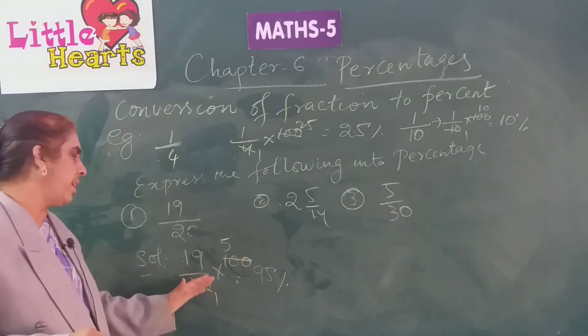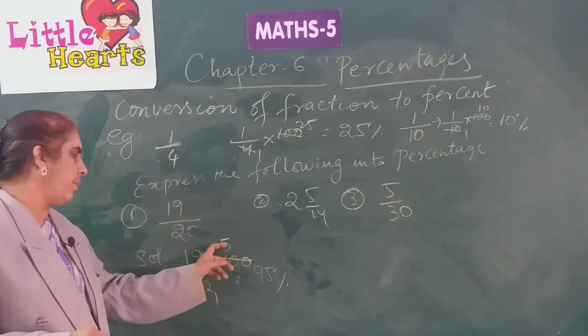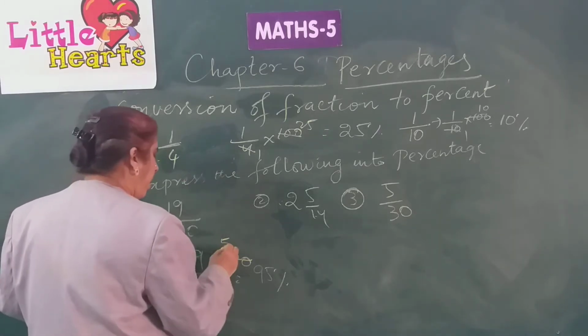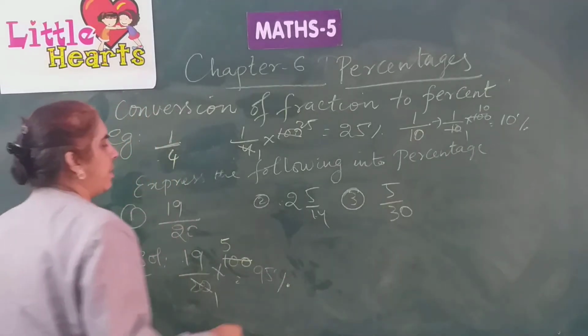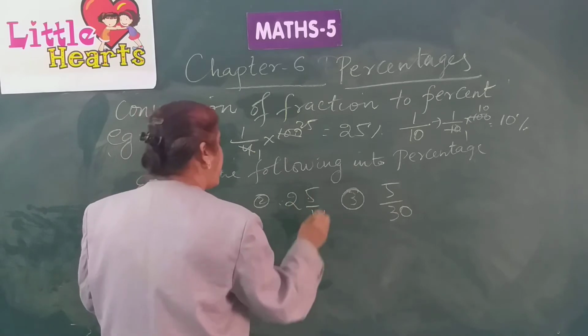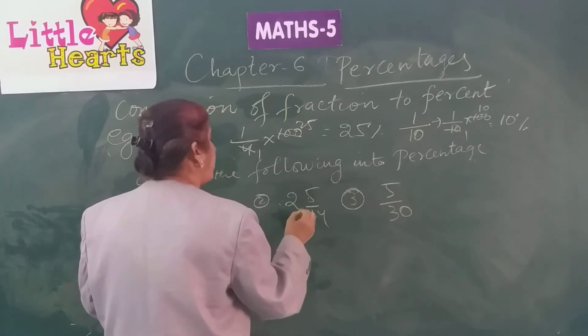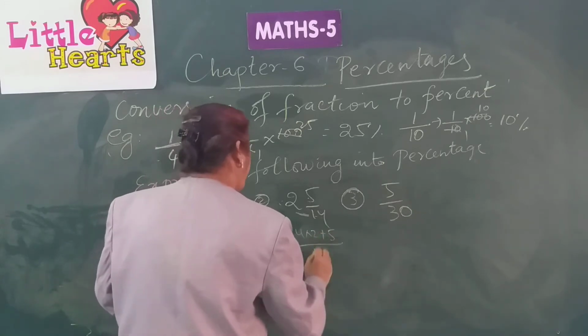Just multiply the given fraction by 100 and cancel out. 20 ones are 20, 20 5s are 100. 19 into 5 is 95%, and put the symbol percent. 2 5 by 14, a mixed fraction: 14 2s are 28 plus 5 by 14.